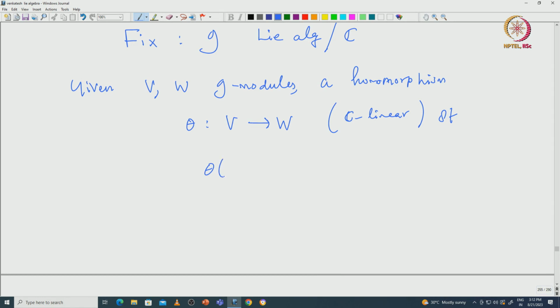If you take theta of x v, that should be equal to x times theta of v, and this is true for all x in G and v in V.